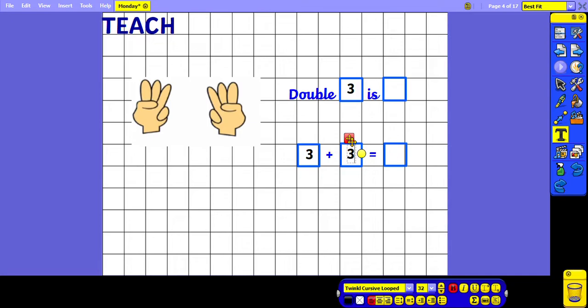Okay, and to work out the total, or how many fingers are pointing up all together, we can add them all up. So 1, 2, 3, 4, 5, 6. So that tells us double 3 is 6. And we know that 3 add 3 is also 6.